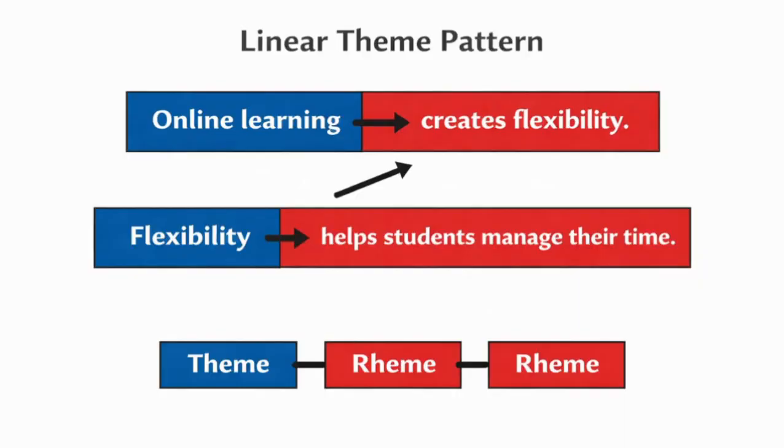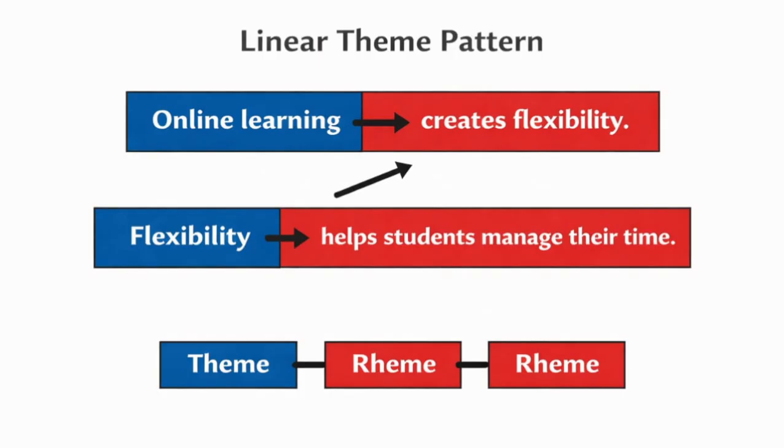For the second one, there is the linear theme pattern. A linear theme pattern is where the rheme becomes the theme of the next sentence. For example: online learning creates flexibility, and flexibility helps students manage their time.